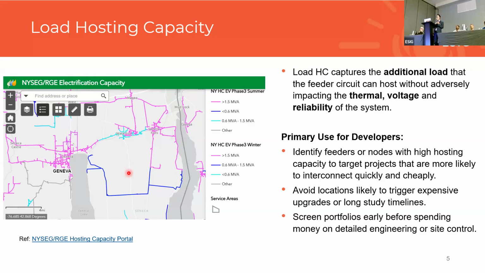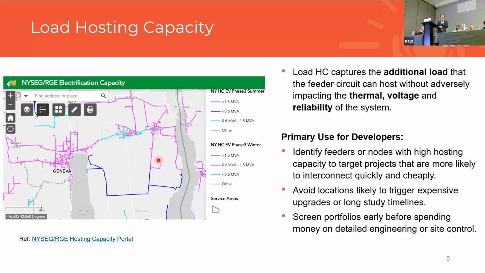So that is also very helpful for the developers to look at where's a good spot. Say, if we want to build an EV charging station, where's a good spot for that? So this is an example of what the hosting capacity for the load looks like.